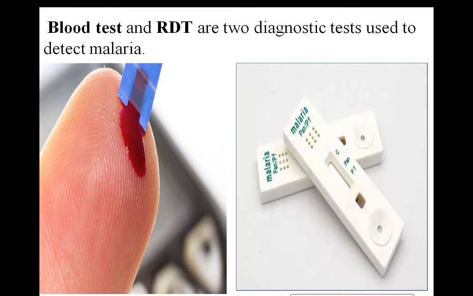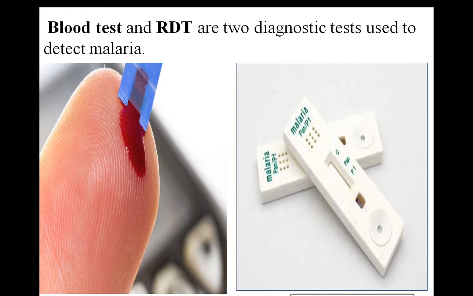Okay, rapid diagnostic test. So before proceeding to undergo a malaria test, your doctor will inquire whether you have visited any place where mosquitoes breed. Means if you are living in certain areas where the mosquitoes are there, okay, so that can cause the malaria, correct?